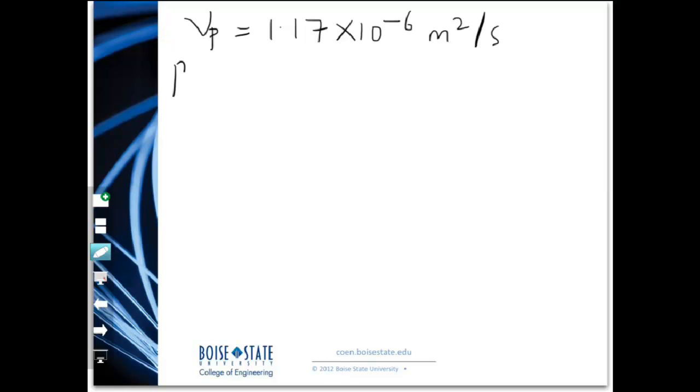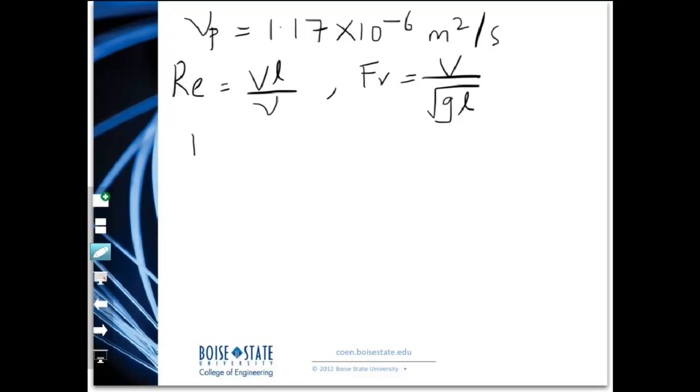The Reynolds number is VL over mu, and the Froude number is V over square root of gL. If you look at an example in the book, they automatically give you the similarity relation, what you expect in terms of the ratios of kinematic viscosity, but let's go ahead and do it. Fr_m is Fr_p, right?